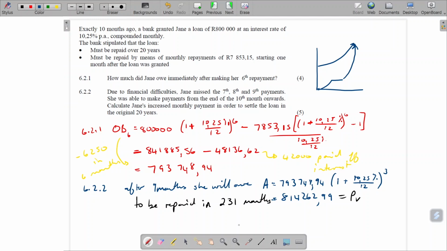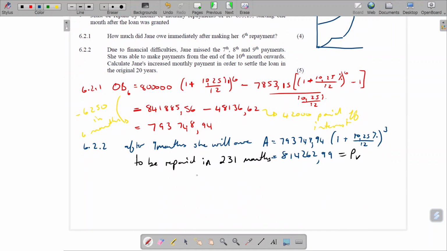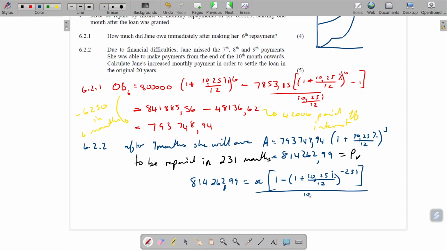And so what we get here is, we've got all our values. PV, 814,262 rand 99 equals X times 1 minus 1 plus 10.25% over 12 to the power of minus 231, all over 10.25% over 12.